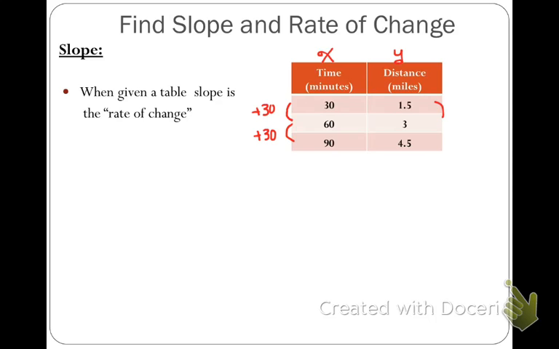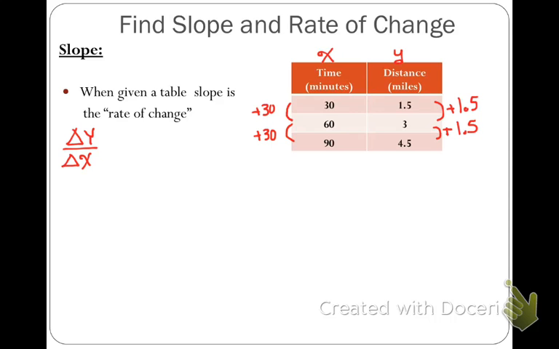And my change in y, I'm adding 1.5 here, and I'm adding 1.5 in my y's. So remember when we were talking about slope of a line, we said it was the change in y over the change in x. Well, it's the exact same thing on a table.